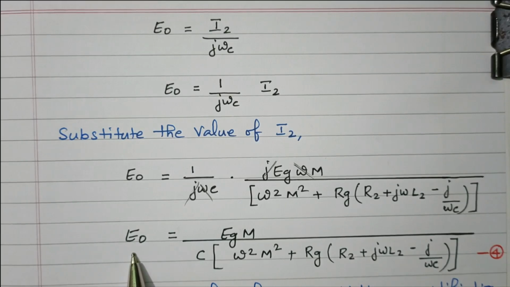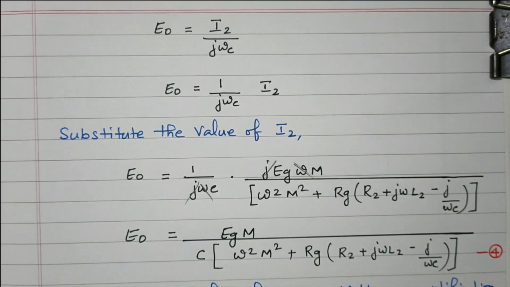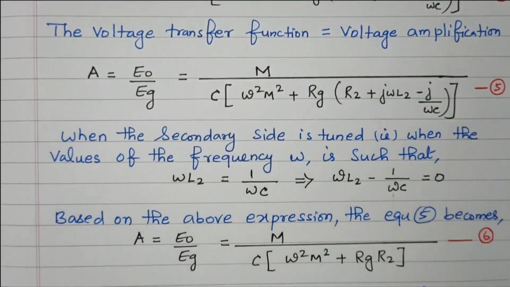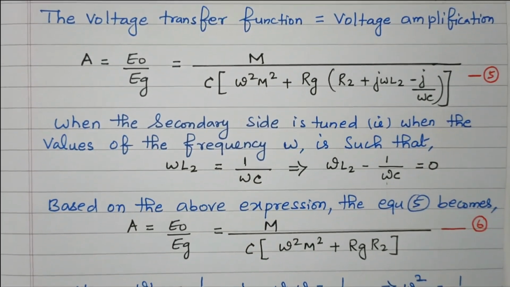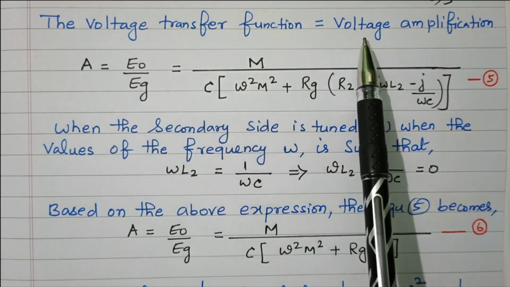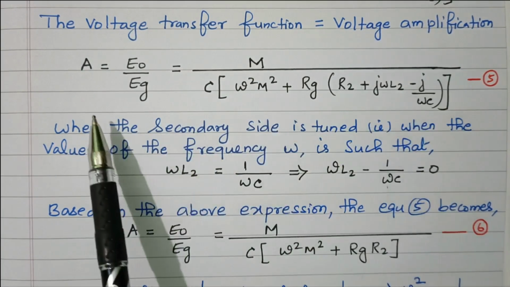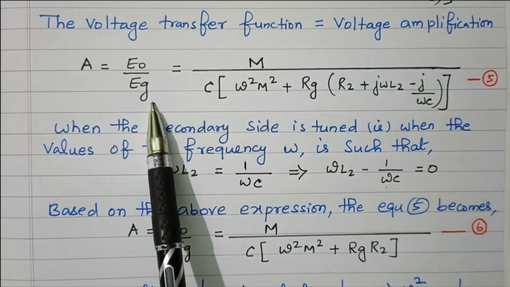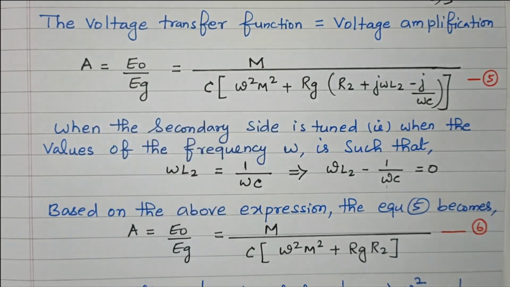So now we got the expression for output voltage E0. I1 and I2 values are already available, and now we have output voltage E0 also. From that we can go for the amplification factor. The output transfer function equals the voltage amplification, that is A equal to E0 divided by Eg.